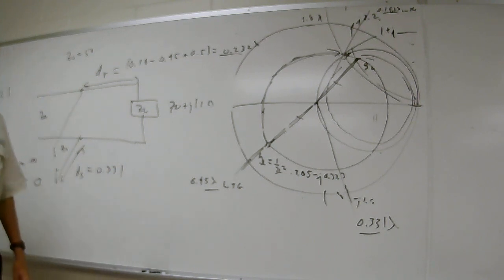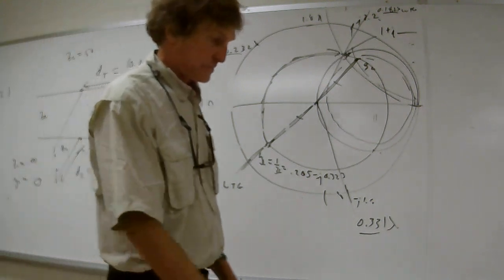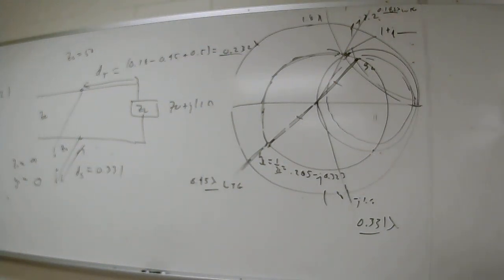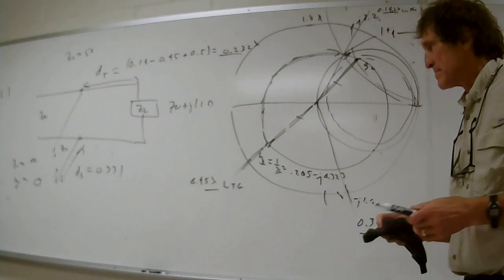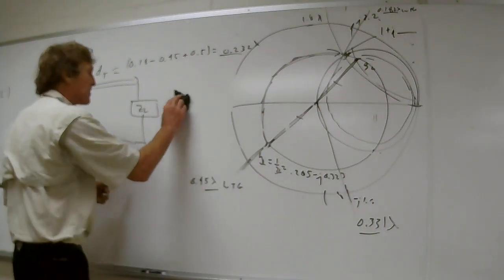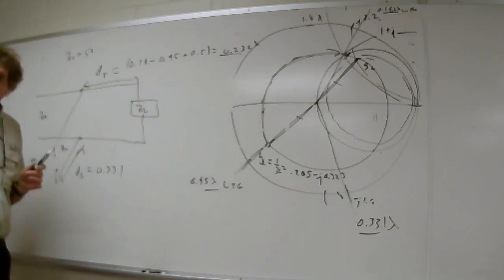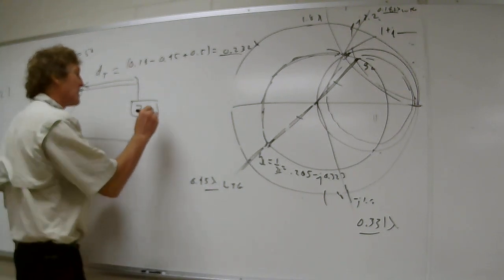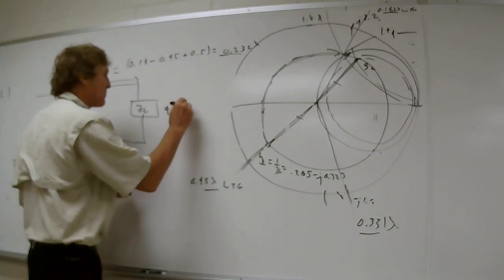All right, now, second part. He says, suppose the load turns out to be ZL equals 40 plus J100. Okay, stop right there. We've already got the lengths. So now we have 40 plus J100.